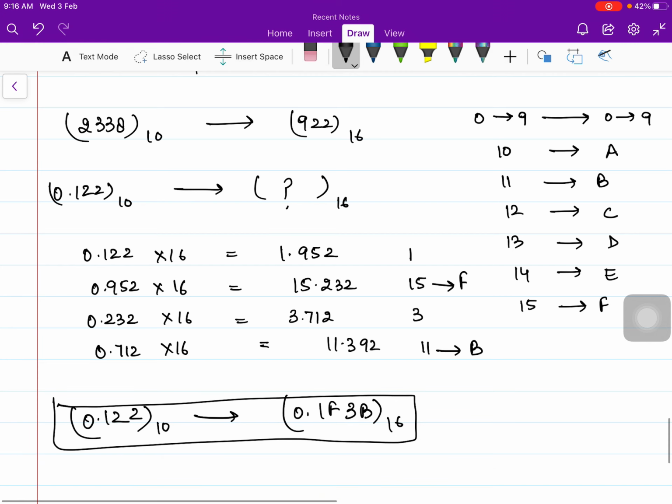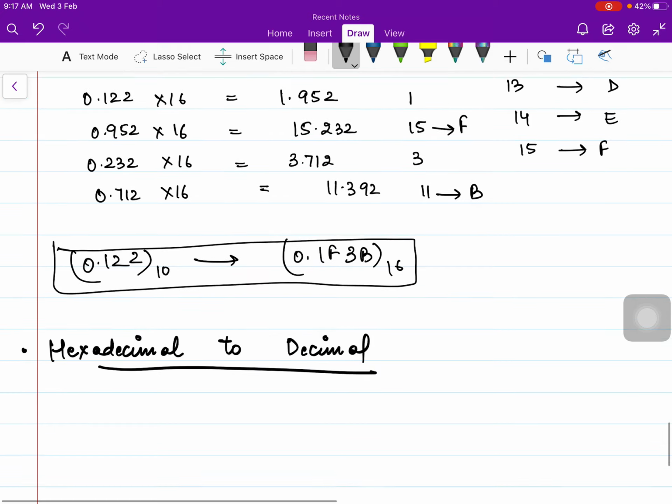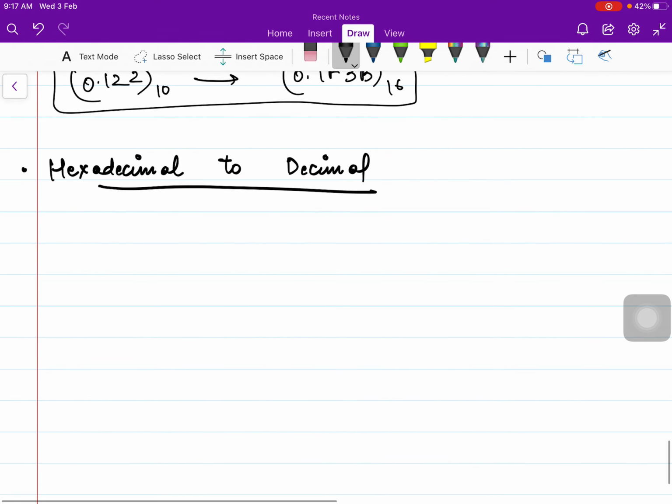Now let us do the opposite of this, that is hexadecimal to decimal conversion. So we will start with the question. In the meanwhile, I am writing the question.